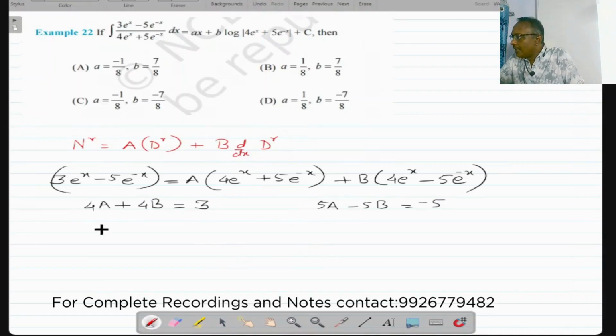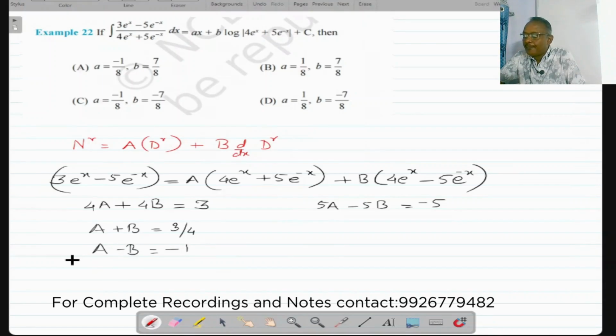This will give me a plus b is 3 by 4. This will give me a minus b is minus 1. सही है. If I add up, तो 2a का वैल्यू 3 by 4 minus 1 is minus 1 by 4. यानी a का वैल्यू minus 1 by 8.